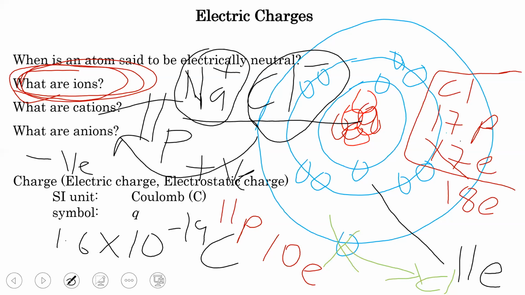If it is a cation, it is positive, and if it is an anion, it is negative. A cation is deficient of electrons, that is, it has an excess of protons. And an anion has an excess of electrons compared to protons.